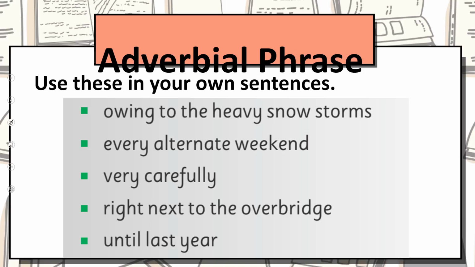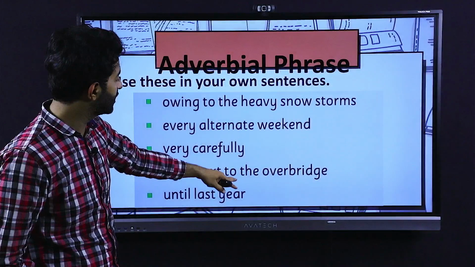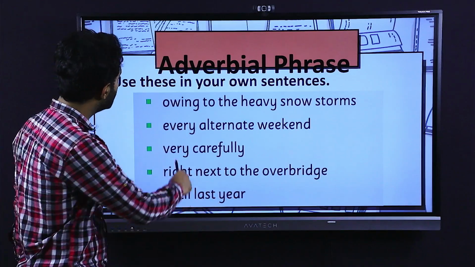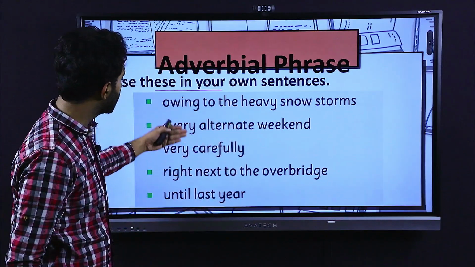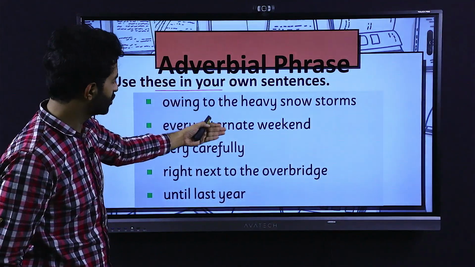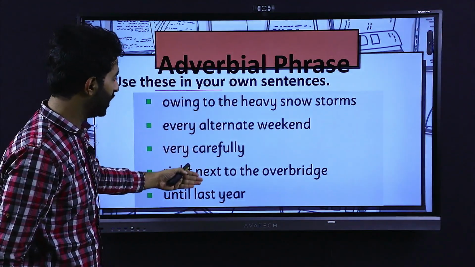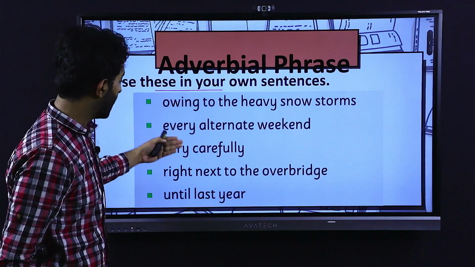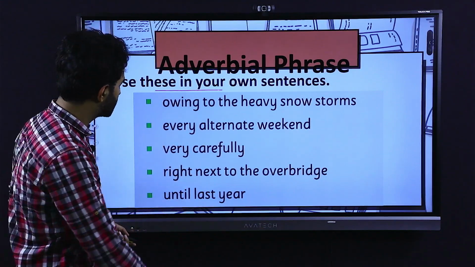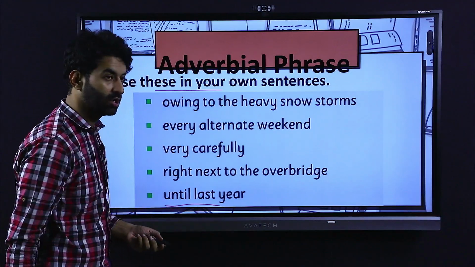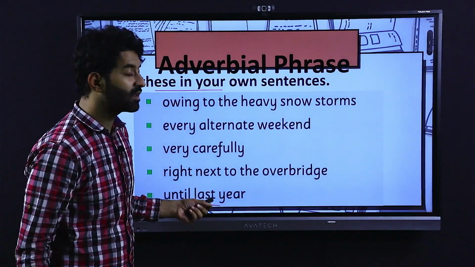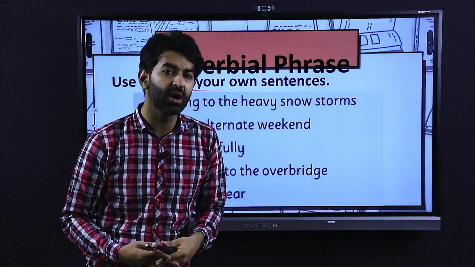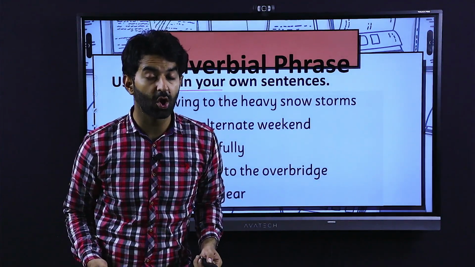If you're watching on YouTube, you can save the screenshot, and you will do this on your own. You will be using these in your sentences. Owing to the heavy snowstorms, every alternate week, very carefully, right next to the overbridge, and until last year. Identify what kind of adverbs they are, and then use them in your sentences.